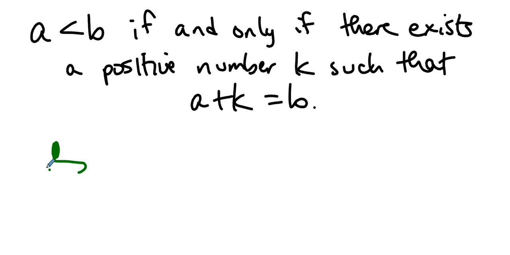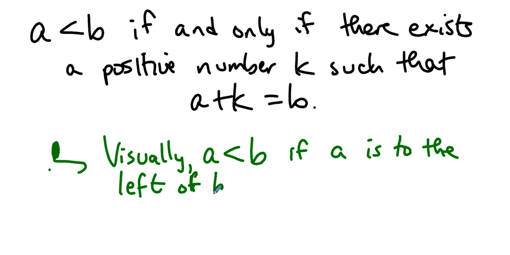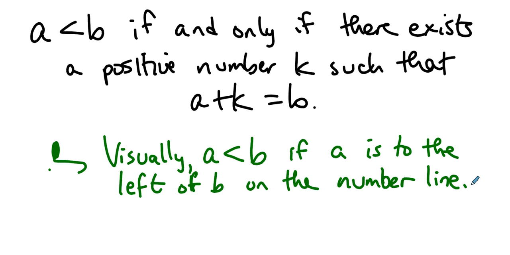Visually, here's our first side note. Visually, a is less than b if a is to the left of b on the number line. That's what it means to say that a is less than b.